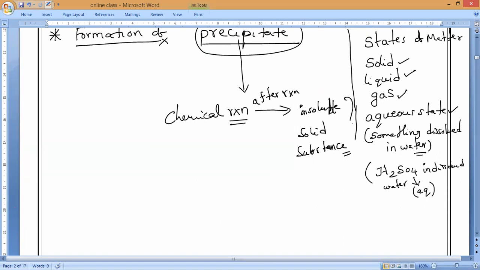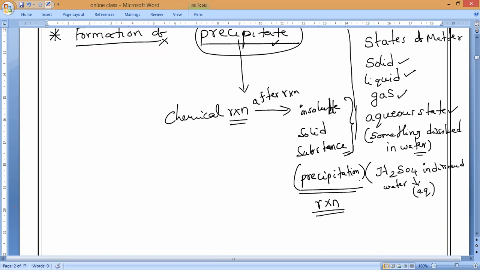This insoluble solid substance is what we call a precipitate. That substance is called the precipitate, and that reaction is called a precipitation reaction.